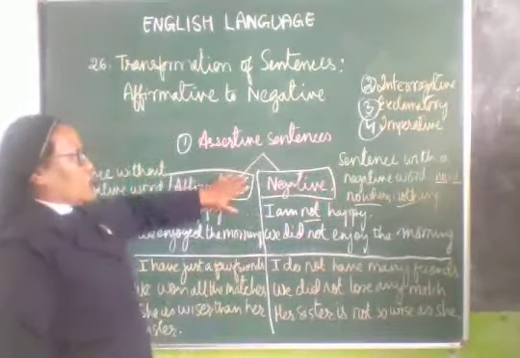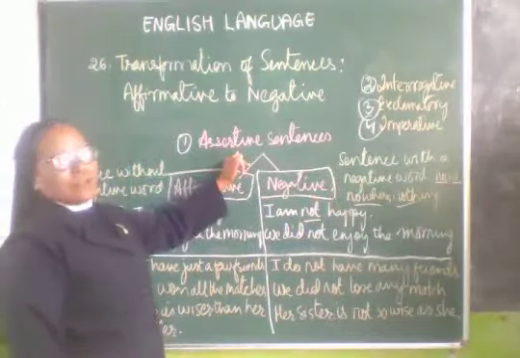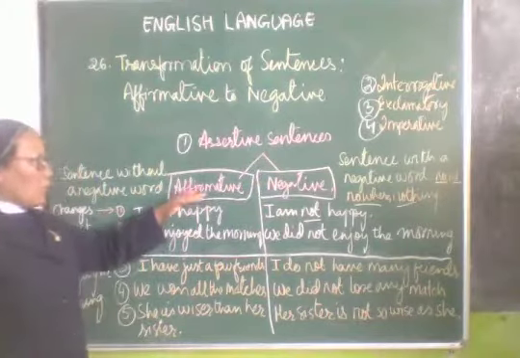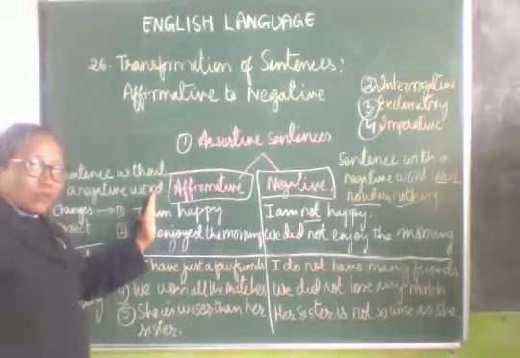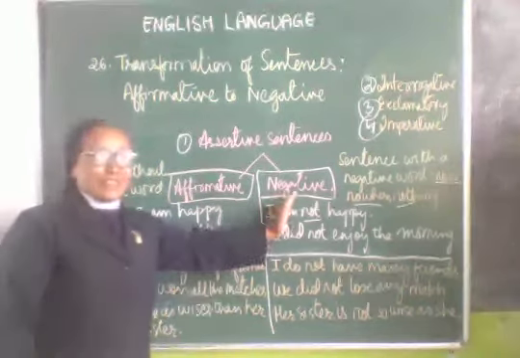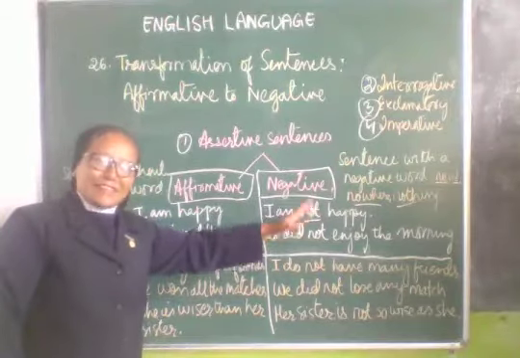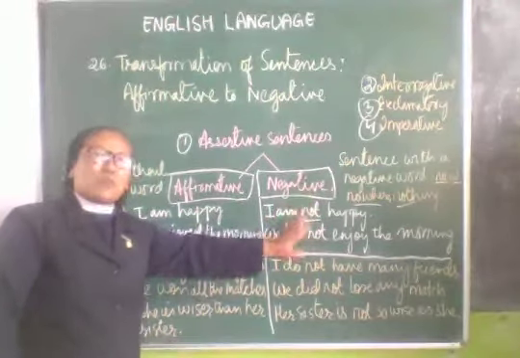These two are assertive sentences. Assertive sentences are affirmative and negative. Remember that, okay? Negative is with no, not, seldom, hardly, and all those negative words.